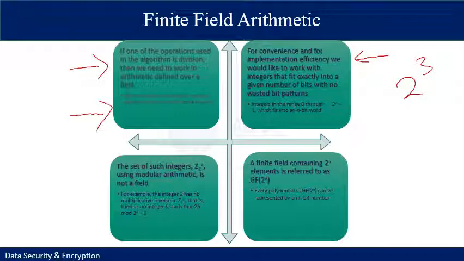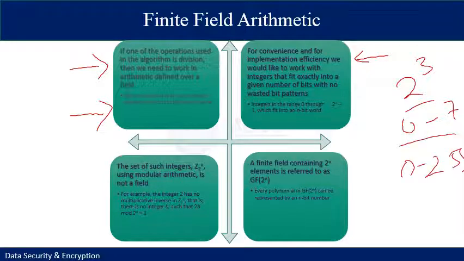However, AES uses a 2 raised to power 8 bit pattern, with integers in the range 0 through 2 raised to power n minus 1. For example, in this case we had 2 raised to power 3 and we had the integers 0 to 7. So if we have 2 raised to power 8, we will have the elements 0 to 255.